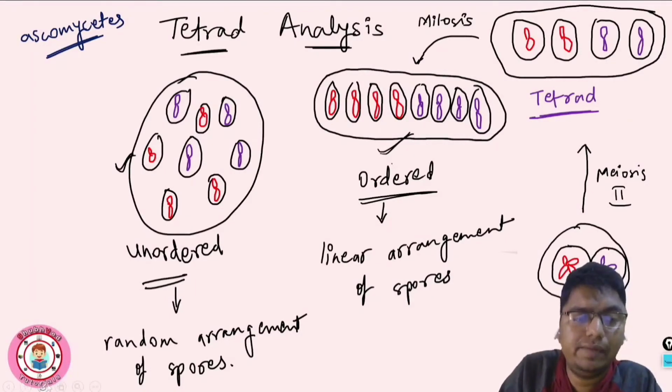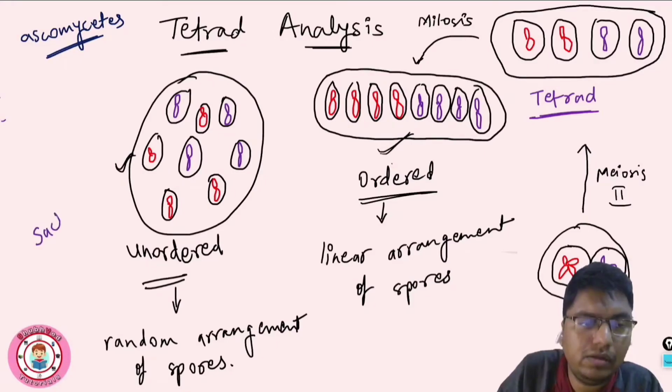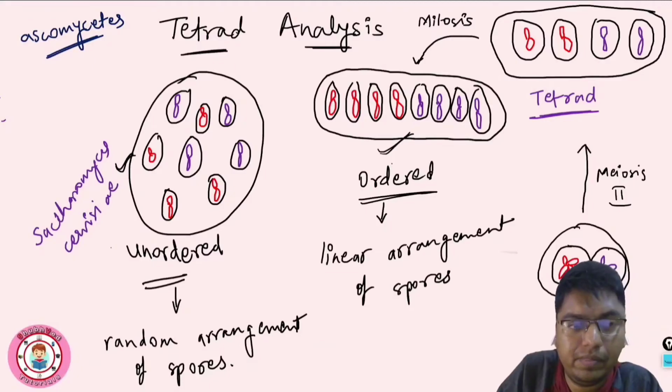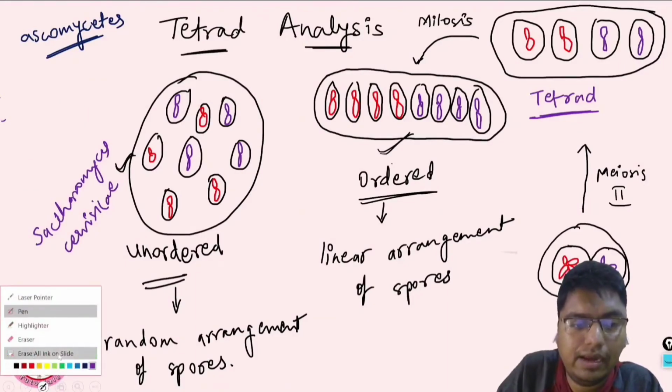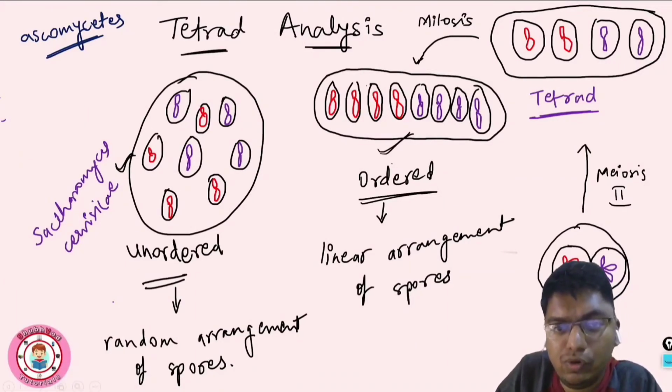This type is seen in Saccharomyces cerevisiae, and the other type, the ordered tetrad, is seen in Neurospora crassa.